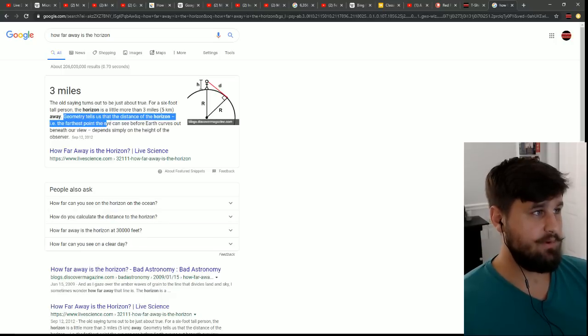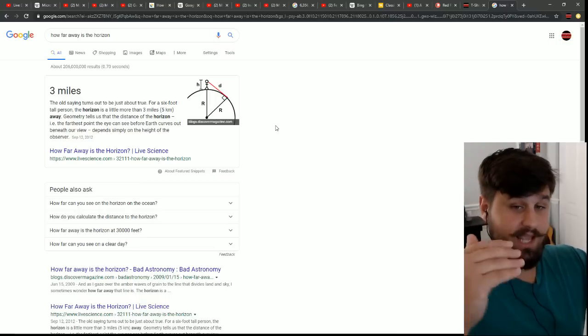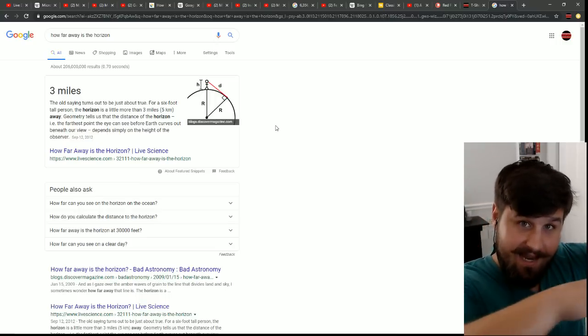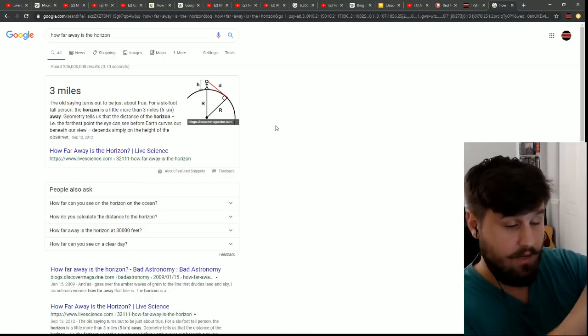Geometry tells us that the distance of the horizon, the furthest point the eye can see before the Earth curves out beneath our view, depends simply on the height of the observer. So if you're standing on the shoreline and you see that line of the horizon, that's 3 miles away, according to their model.